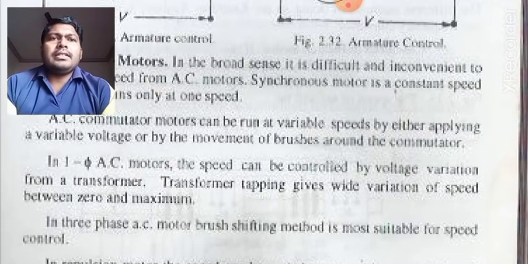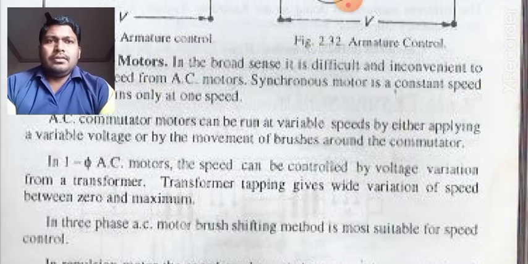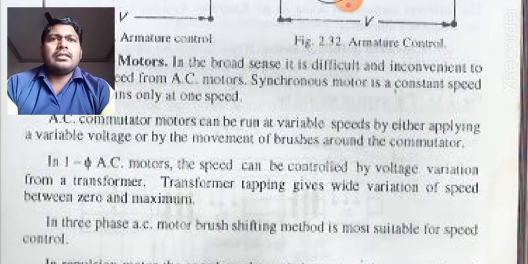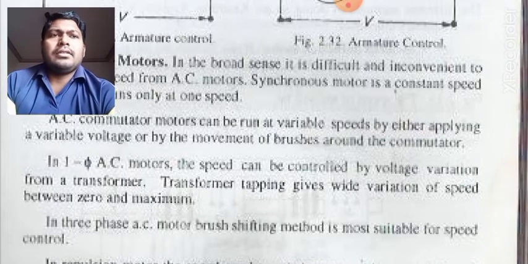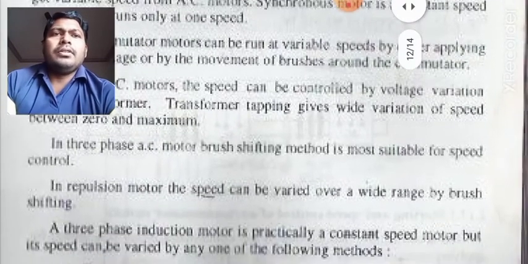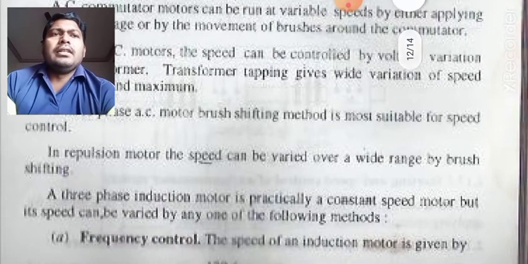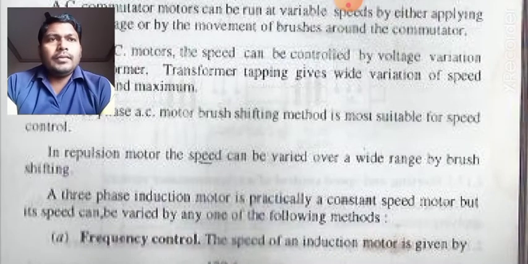In three-phase AC motors, the brush shifting method is most suitable for speed control. By shifting the position of brushes, the speed can be controlled. So this method is quite suitable also. In repulsion motor, the speed can be varied over a wide range by brush shifting.